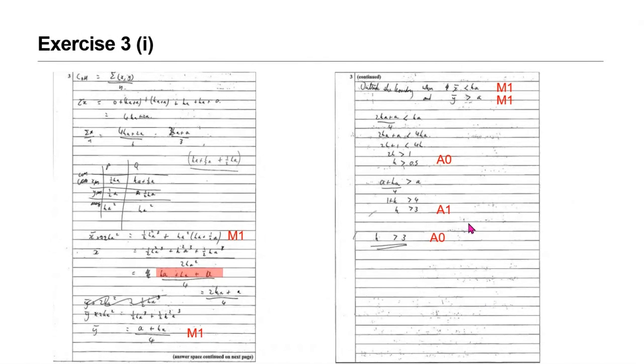This candidate here, again, this needs a bit of careful reading, and we've actually got an algebra slip which the assessor has noticed. But this doesn't rule out the awarding of many of the subsequent marks.